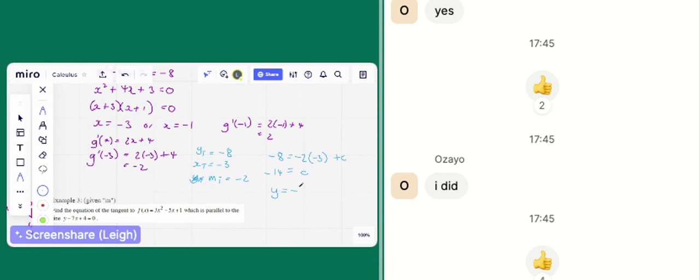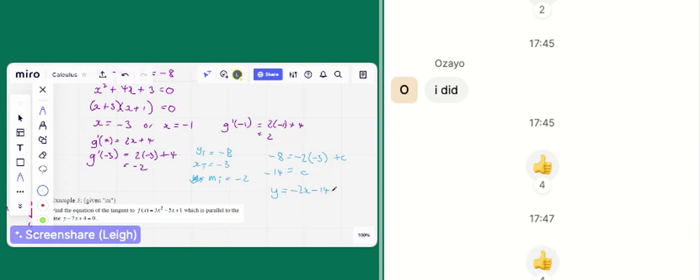So who ended up like me with an equation y equals -2x minus 14? Please, can you give me a thumbs up if you got the same answer? Well done, Ayomide. Virginia, Piwakonke. Good. Okay, lots of thumbs up, 7 thumbs up. Okay, 1 thumbs down.